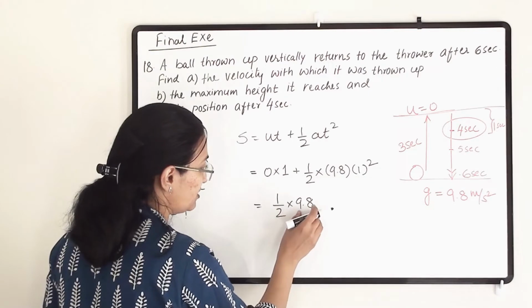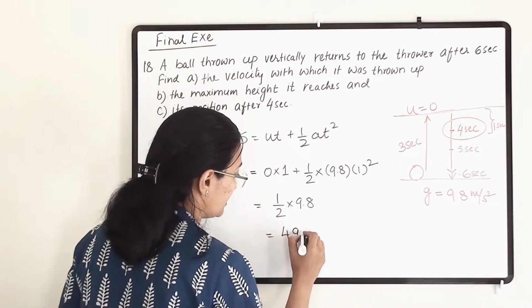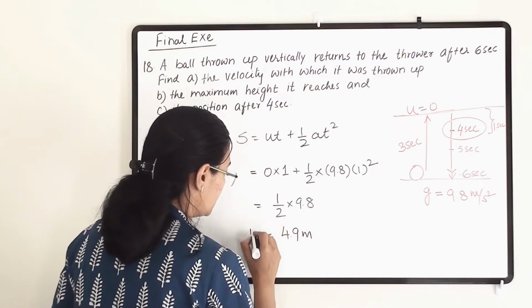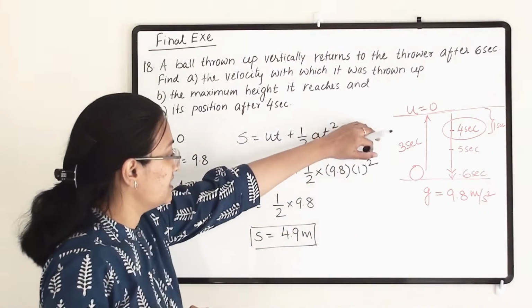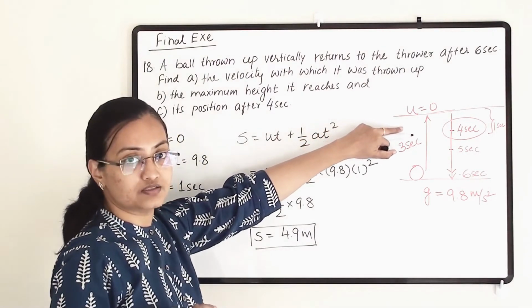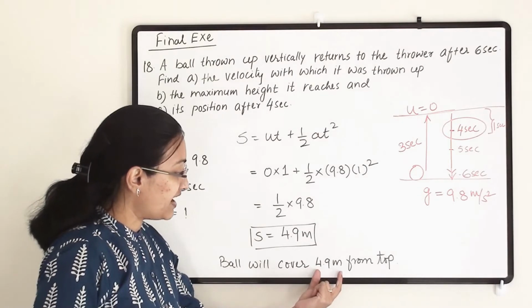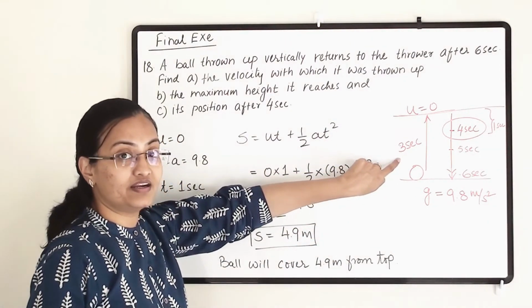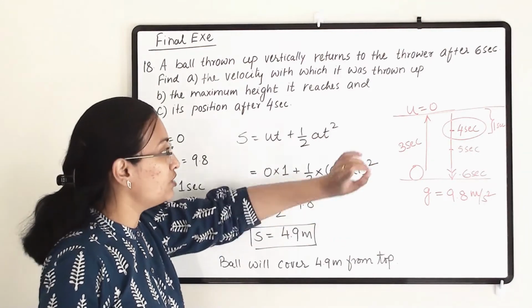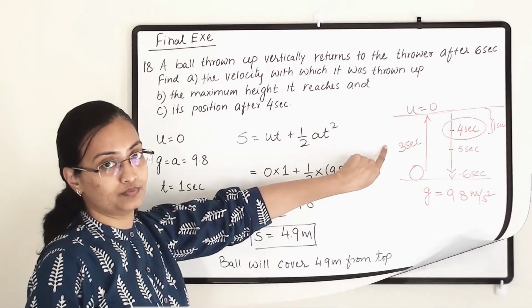So 9.8 divided by 2, we will get 4.9 meter. So this much distance the ball will cover in 1 second, that is 4.9 meter. So we can write as the answer that the ball will cover 4.9 meter distance from the top, or we can write that at the 4th second the ball will be at 4.9 meter from the top.